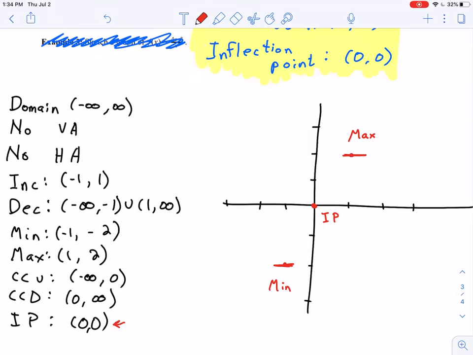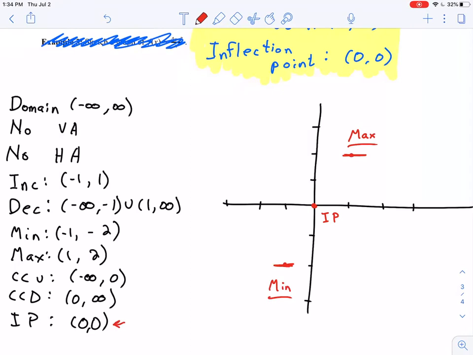At this point, you can look either at where your function is increasing or decreasing, or where it's concave up or concave down, or both. I tend to think that using concavity is a surprisingly helpful way to graph these functions, because if you look at where a function is increasing or decreasing, I feel like that's built in to your minima and maxima values.